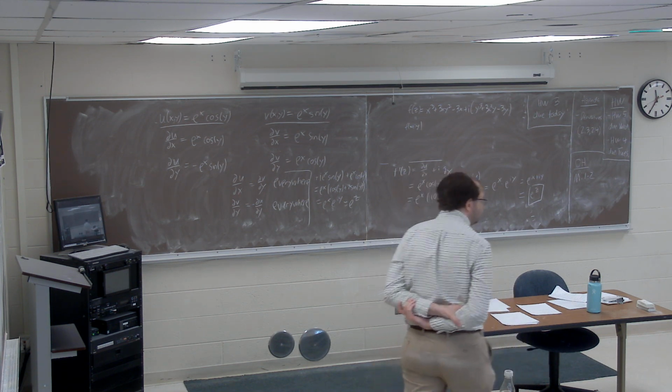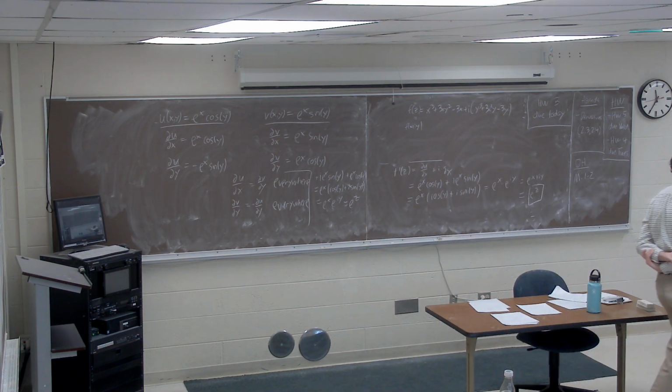So either we could have negative x equals x, or negative y equals y. xy equals negative xy. Well, if one of them equals 0, then it works. So either x or y has to equal 0.